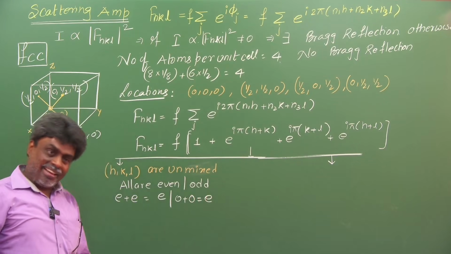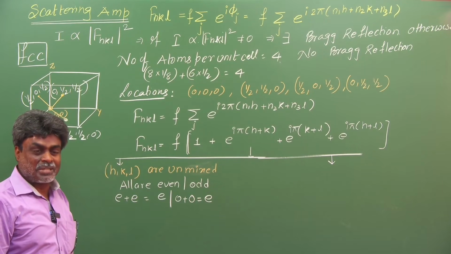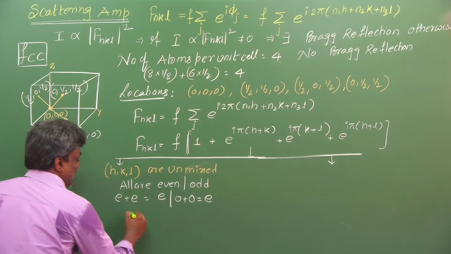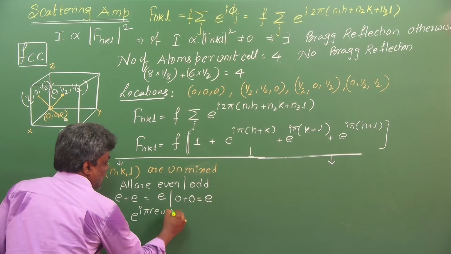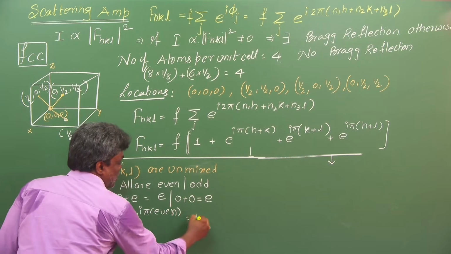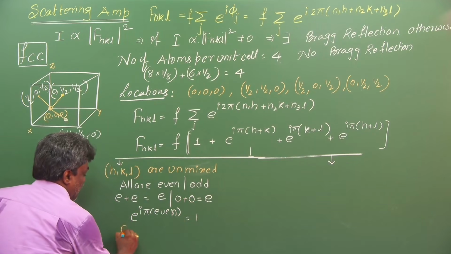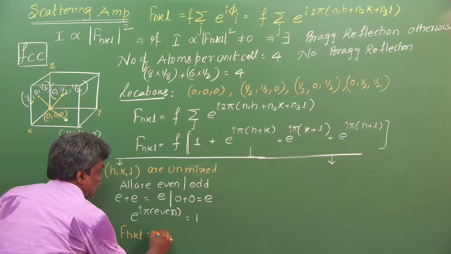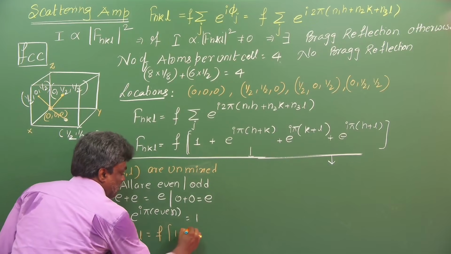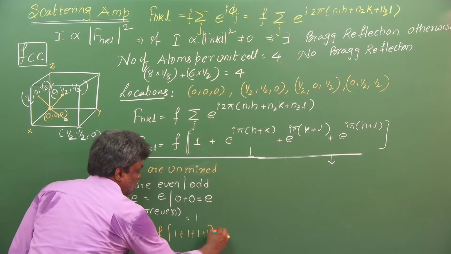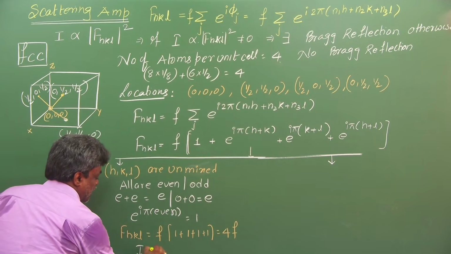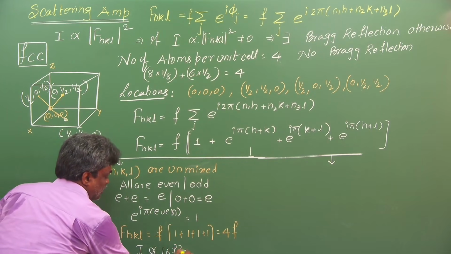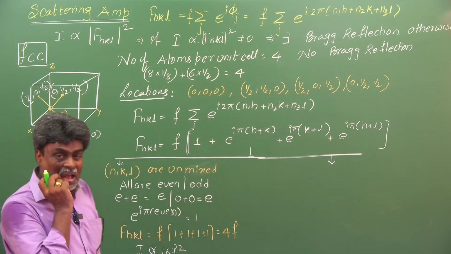That's why in both cases you are getting even. That's why e raised to i pi times an even number. How much? Now F(hkl) equal to small f into 1 plus 1 plus 1 plus 1, that's why intensity is proportional to 16.